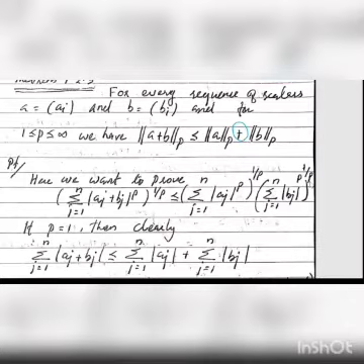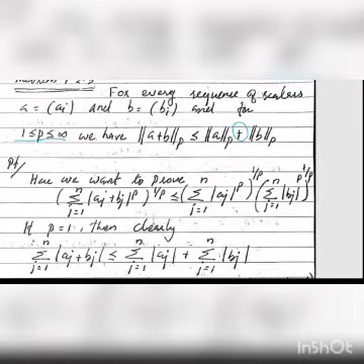Now we will focus on the cases. It's given that p varies from 1 to infinity. So first we will check what happens if p is equal to 1: we substitute 1 here and here also.